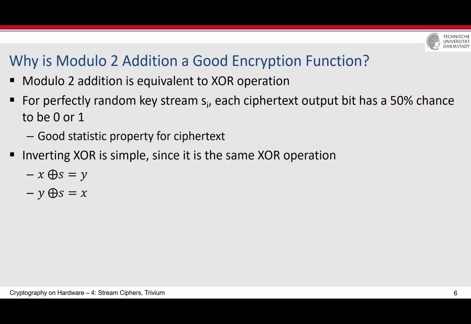Statistically, it's good because you look at the output of this modulo 2, and if the key stream is random, this randomness is completely transparent to the output, and the output will also have a 50% chance of being 1 or 0. And at the same time, you can reverse it easily: by XORing s with y, which was the ciphertext, you get x again. So it's trivial and known to you, I guess.